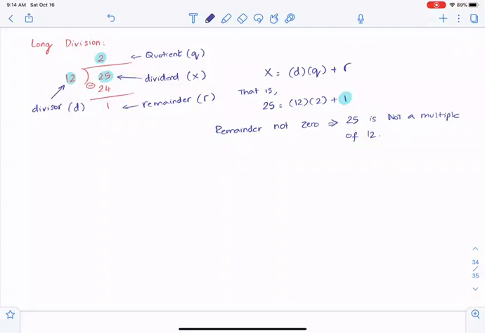We use long division for factoring when it comes to rational expressions. What do I mean by that?